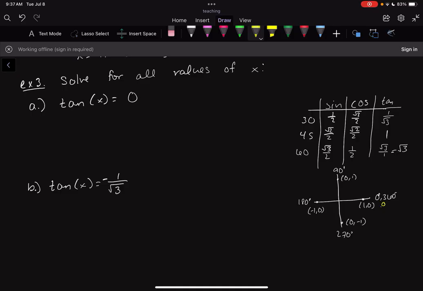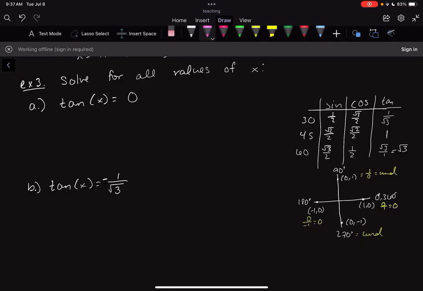So here it would be 0 over 1, so it would be 0. Up here, it would be 1 over 0, so it's undefined there. Here it'd be 0 over negative 1, so 0, and then here it would also be undefined. So I just went ahead and wrote in the tangent so that I could use it.